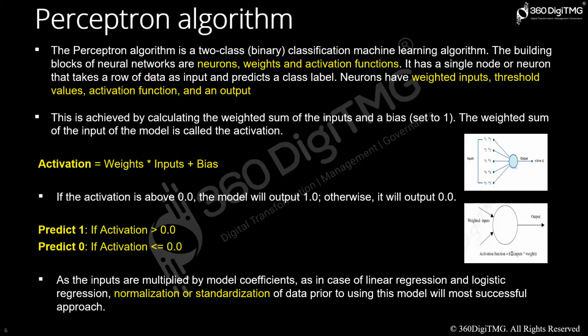So here, the perceptron algorithm, how does it work? The perceptron algorithm is a two-class, meaning binary classification, machine learning algorithm. The building blocks of neural networks are neurons, weights, and activation functions.